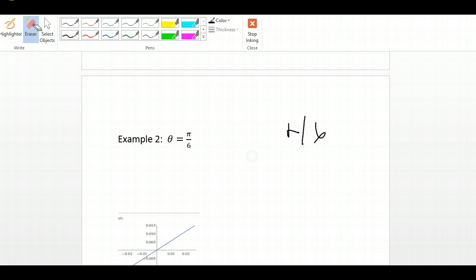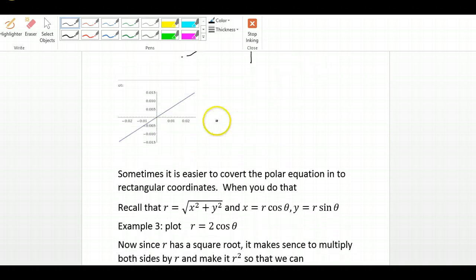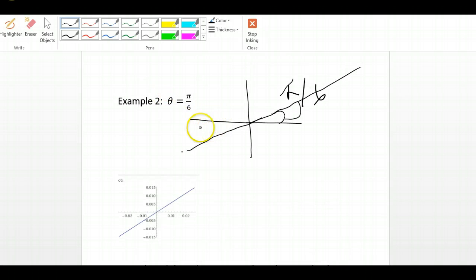So really, the angle is fixed as pi over 6, but the distance can take anything. So what do you really get? You get a straight line with a slope having an angle pi over 6. So that straight line is shown here below. Once again, this is independent of r, so the distance from the origin can take any value.